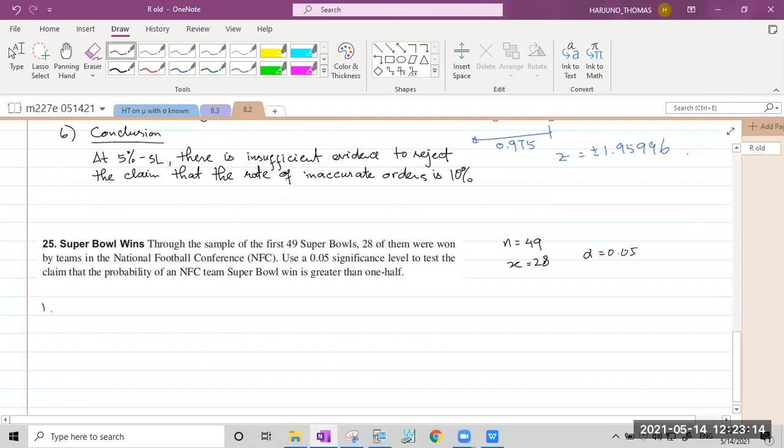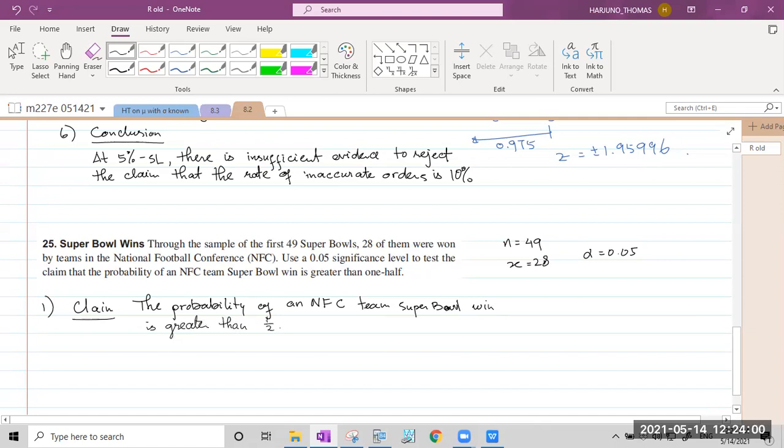Okay, so step 1. Test the claim that the probability or the proportion of an NFC team Super Bowl win is greater than 1/2 or 50%.